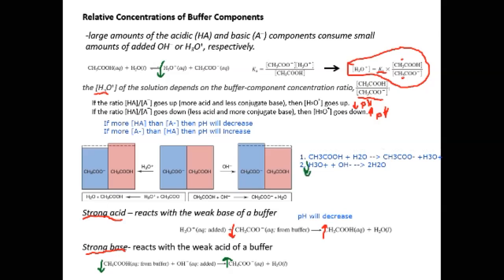So when this decreases, you're going to shift to make more weak base and H3O plus, and that's going to decrease the concentration of weak acid and increase the concentration of weak base. So a strong base reacts with the weak acid component. A strong acid reacts with the weak base component of a buffer.